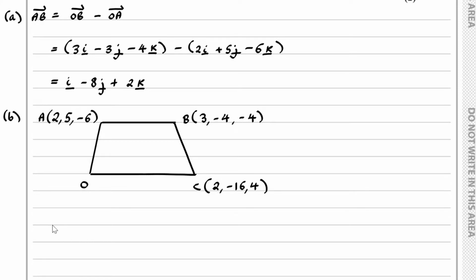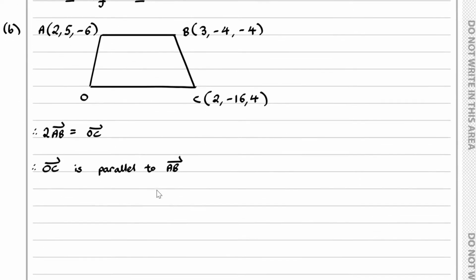In other words, we can conclude here that 2 times the vector AB is equal to the vector OC. And therefore, in conclusion, we can see that OC is parallel to AB.